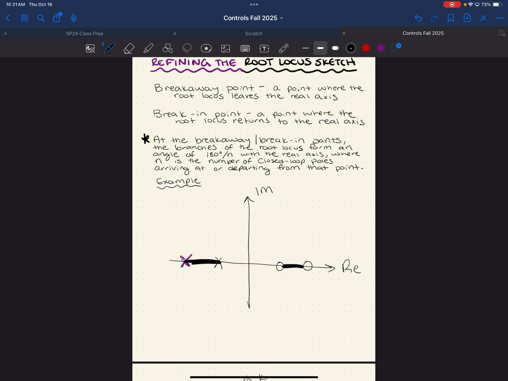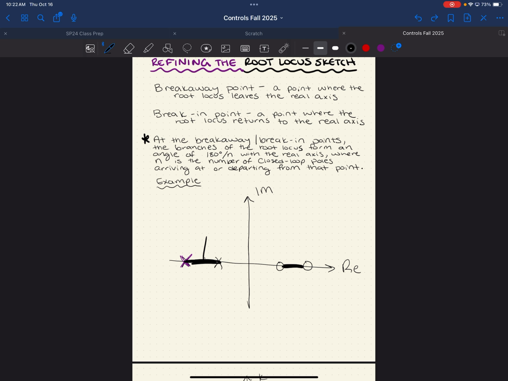Alrighty. Exactly like Nadal said, we have two branches that are starting from our poles. They initially go towards each other because we know there has to be a real axis branch in that section. So at some point, they must split off of the real axis. They must go up or down at some different angle. We're not quite sure. And then they must return in order to terminate at these two zeros. So what angle do they leave the real axis at over here? 90, right?